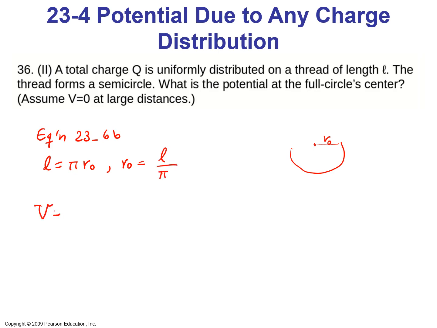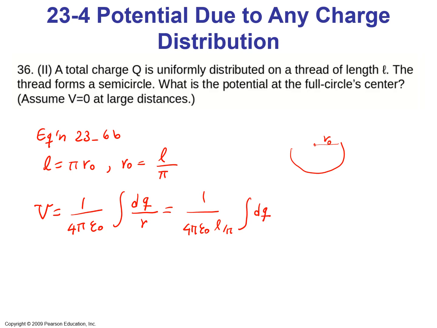So the electric potential V is equal to 1 over 4 pi epsilon naught, the integral of dq over r, and r is a constant equal to r naught, so it comes out of the integral. So you have 1 over 4 pi epsilon naught, L divided by pi, the integral of dq.